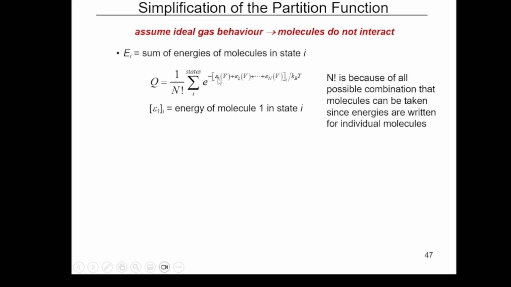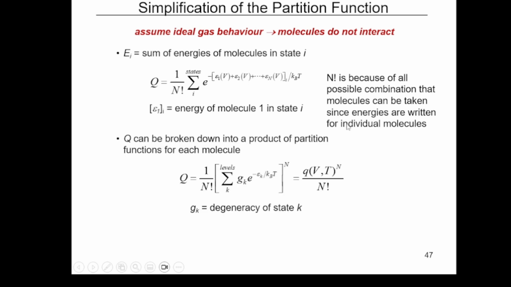For molecule 1, E1, for molecule 2, E2, and so on, where Ei is the energy of molecule 1 in state i. Now, in this case, N factorial is taken because all possible combinations that molecules can adopt will be taken, since energies are written for individual molecules.